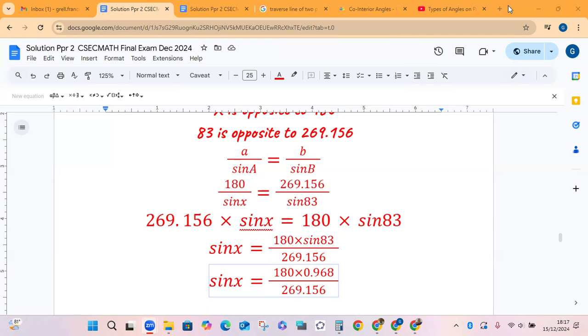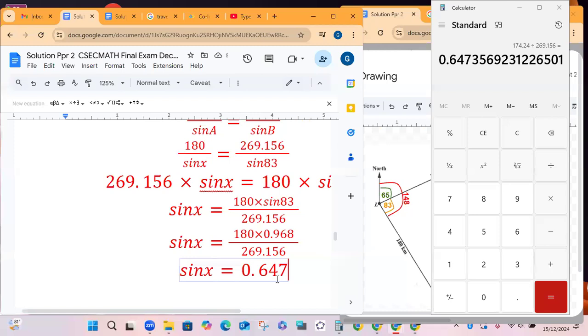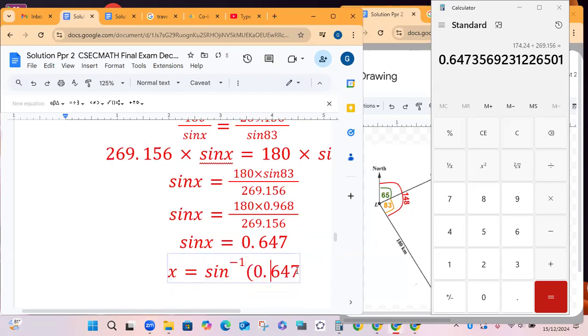We must get a decimal. So this is 0.647. Now to find x, we have to inverse sine. That's how we cancel out sine, by finding the inverse of sine. To find x, x is equal to sine inverse of 0.647.